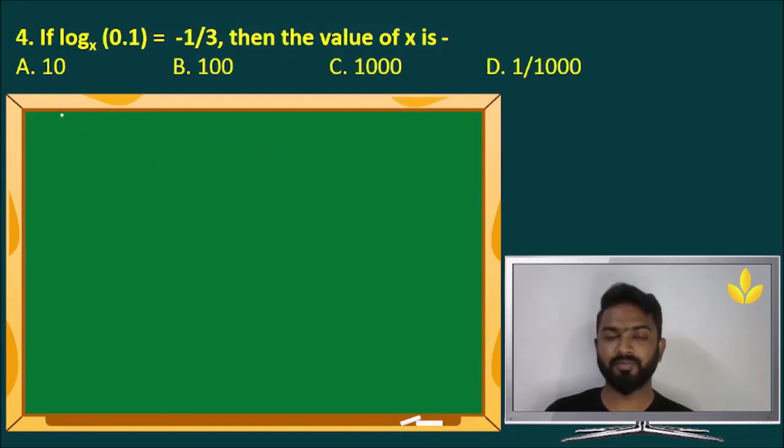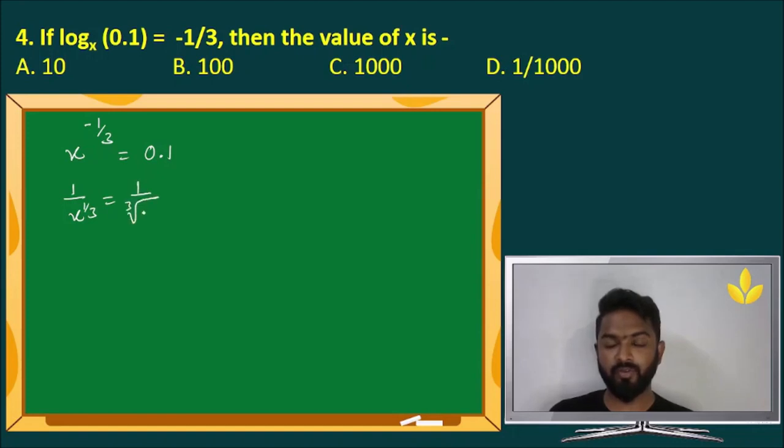Question number 4. Log base x of 0.1 equals minus 1 by 3. Then value of x is what? This basically translates to x to the power minus 1 by 3 equals 0.1. X to the power minus 1 by 3 is nothing but 1 by x to the power 1 by 3. That is equal to 1 by cube root of x.